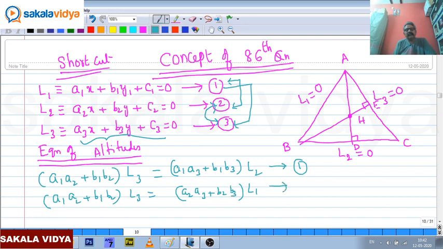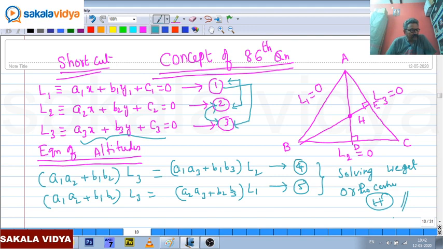See, this is equation 4, equation 5. Solving, we get orthocenter H. That's all. Understood now? This is the 86th question.